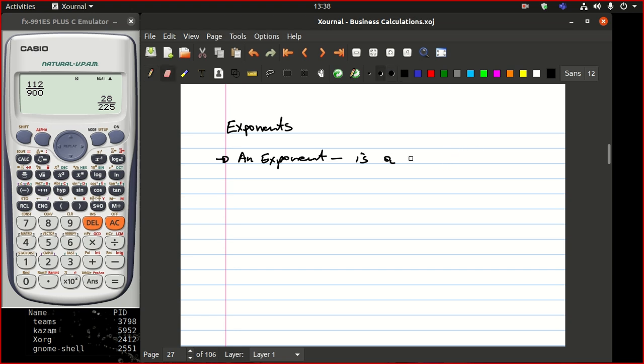It is a number, right? That is written. So we write this number as a superscript. It is a superscript to another number.